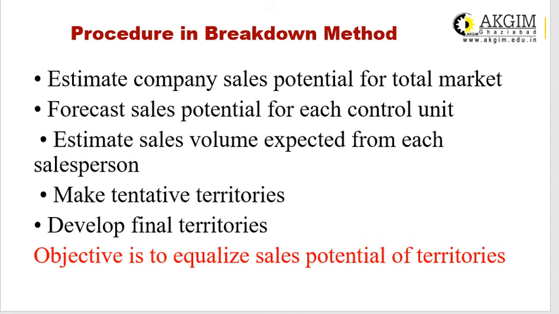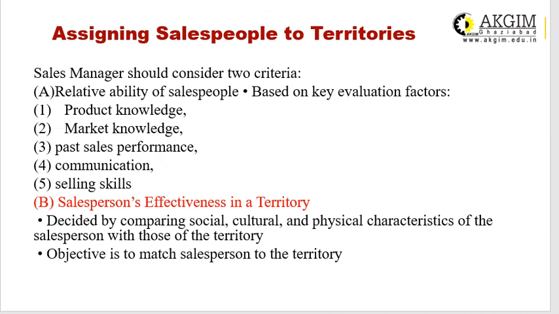Then the estimated sales volume expected from each salesperson has to be calculated. Then the tentative territories are decided and final territories are developed according to it. The main objective over here is to equalize the sales potential of the territories, whereas the previous one, the build-up method, focused on the workload of the salespeople.